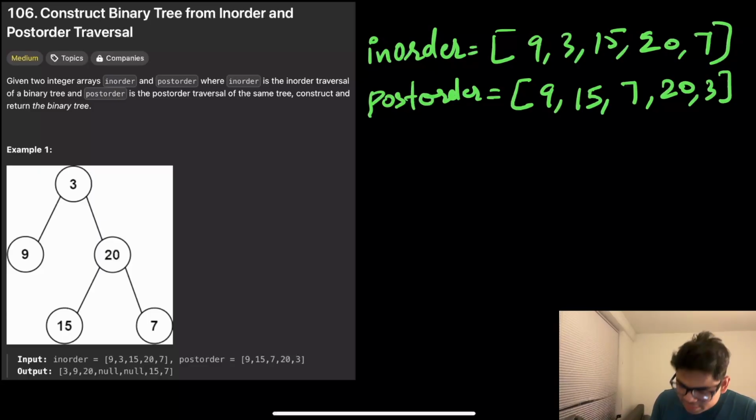Also, one thing they have mentioned in the constraints is that all the values of the tree we are trying to create from in-order and post-order traversal are unique.